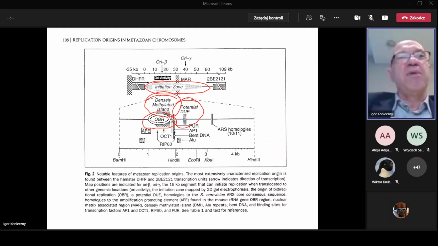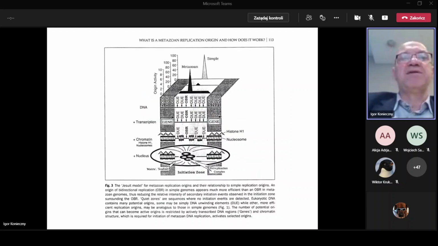So this is more complex, and it seems that not necessarily the sequence matters, but also how the DNA is condensed, whether it's methylated or not methylated, and that matters for the activation of the replication origin at a particular moment, and activation of particular DNA unwinding elements.